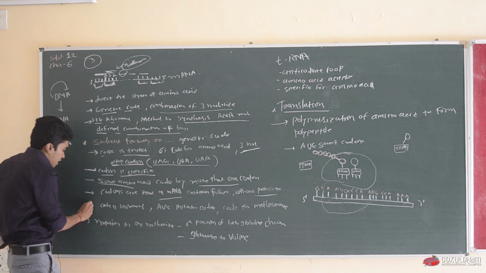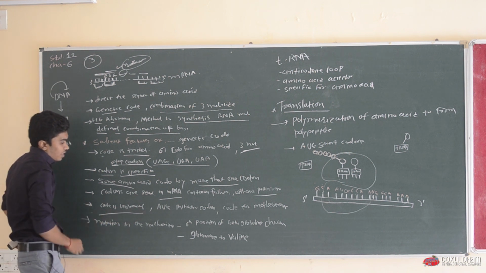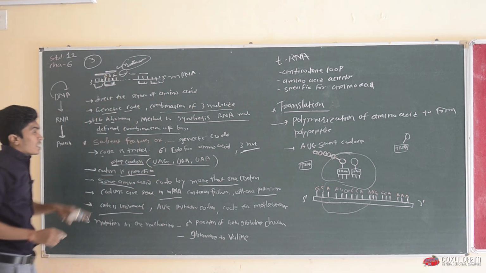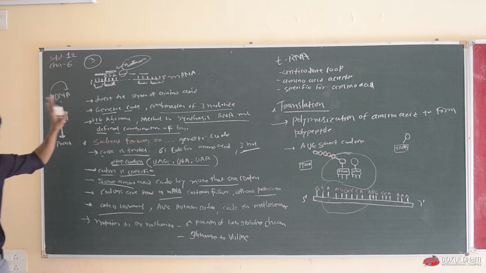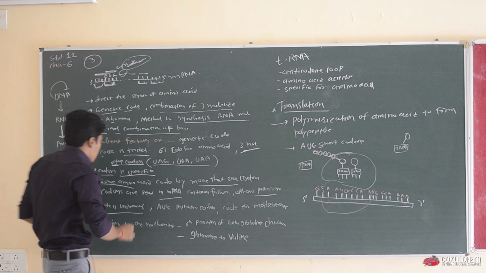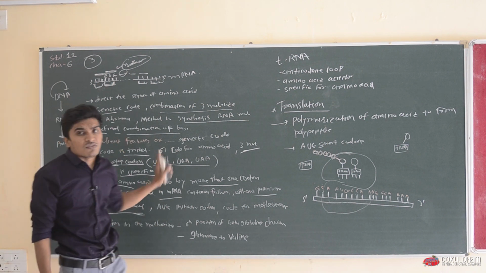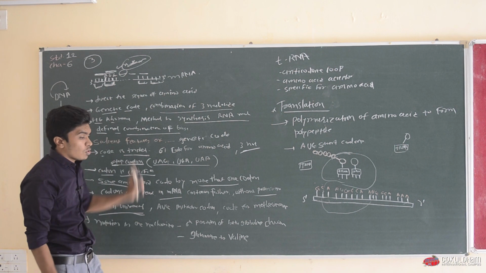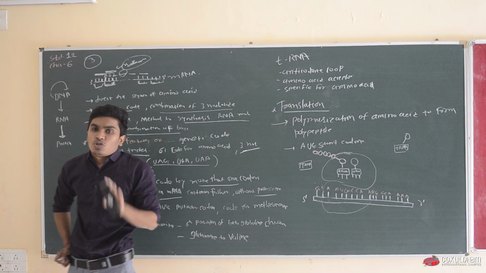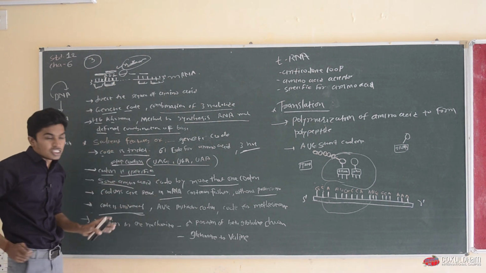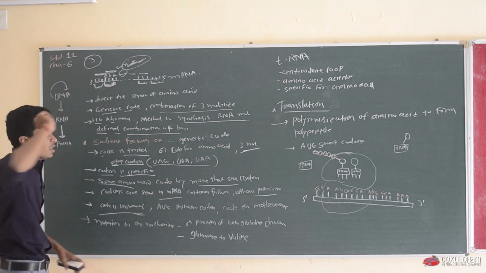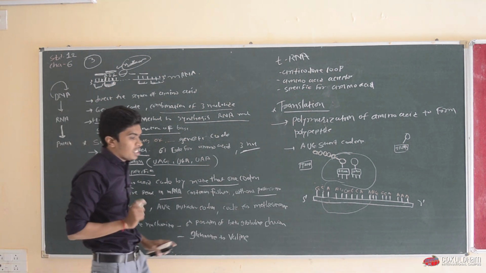Next, the code is universal. For example, AUG is one codon which codes for methionine in humans. It is universal, which means AUG will code for methionine in all organisms, whether prokaryotic, eukaryotic, human or any other organism. AUG is responsible for the formation of methionine in every organism.